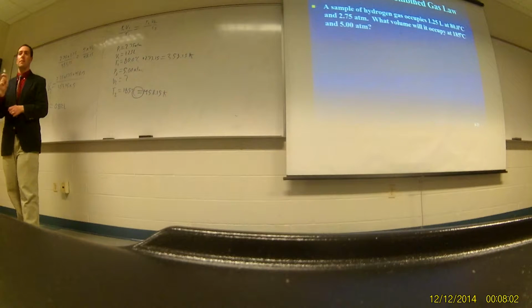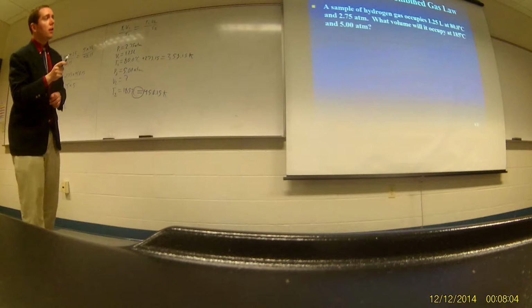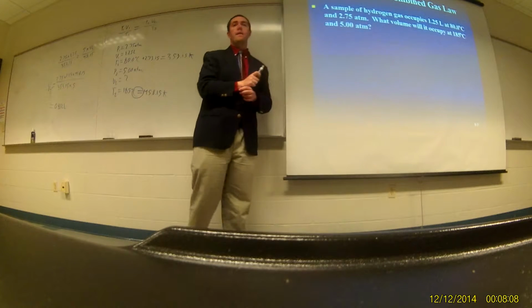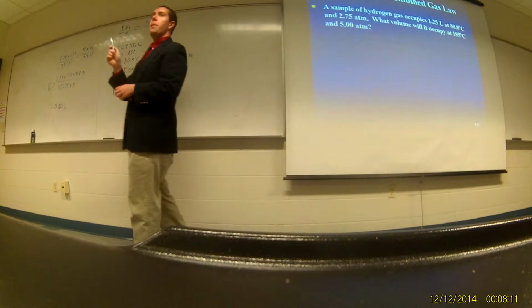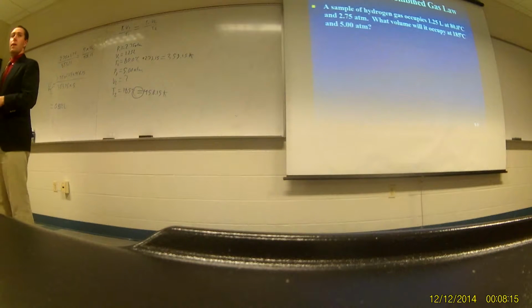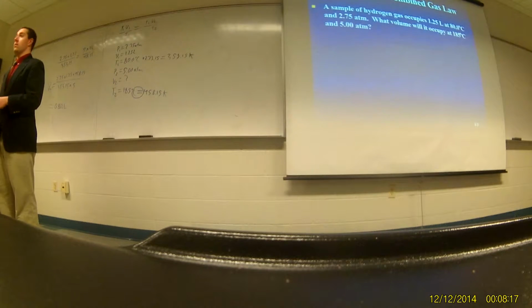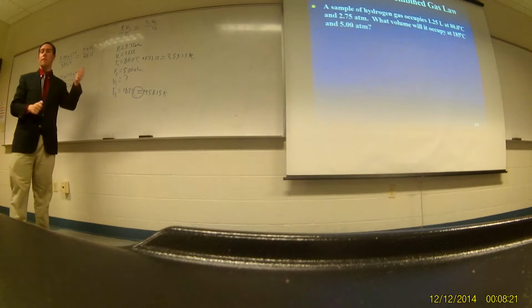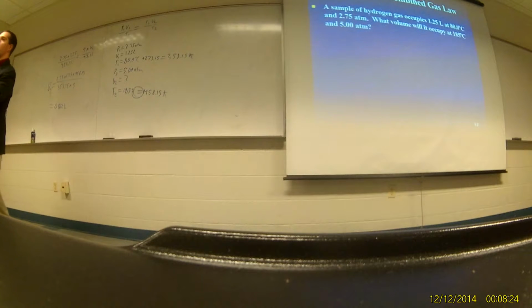But let's look at the pressure. Our pressure went up, from 2.75 to 5. If pressure goes up, which way would you expect your volume to go? They're opposite, so it goes down. So in this case, the temperature is trying to make the volume go up, the pressure is trying to make the volume go down.